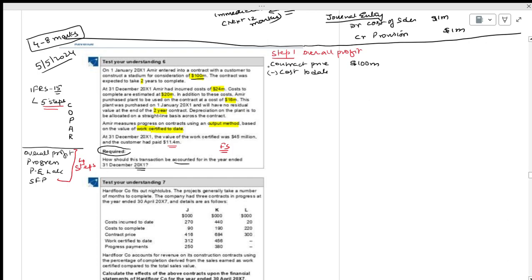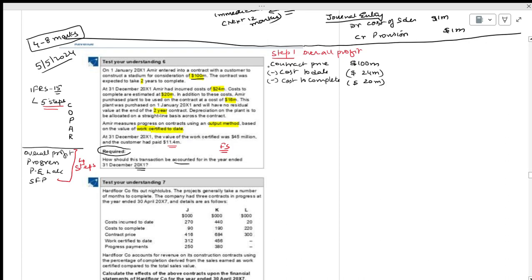They have mentioned here the cost incurred. They have incurred a cost of 24 million. Then cost to complete. How much is there? Cost to complete is 20 million.